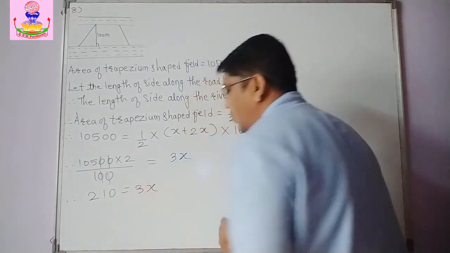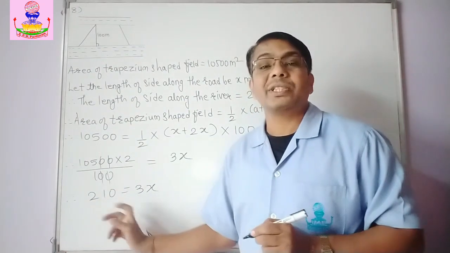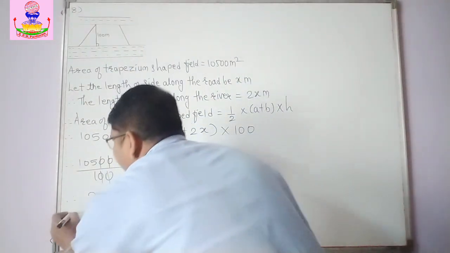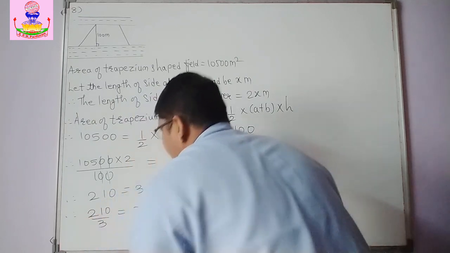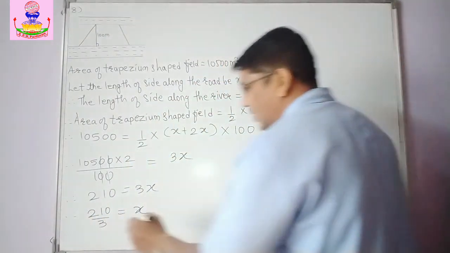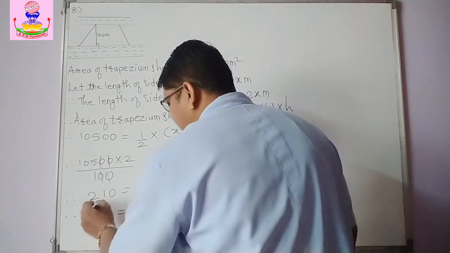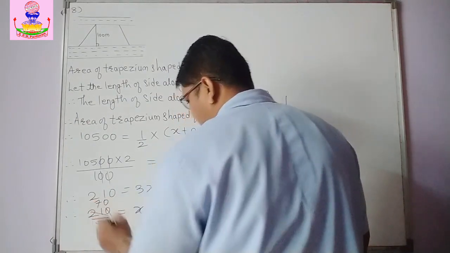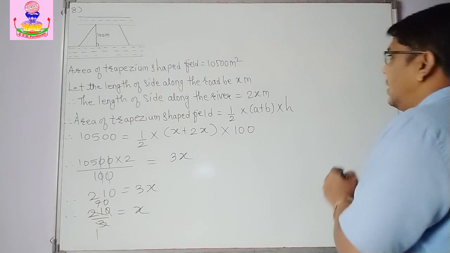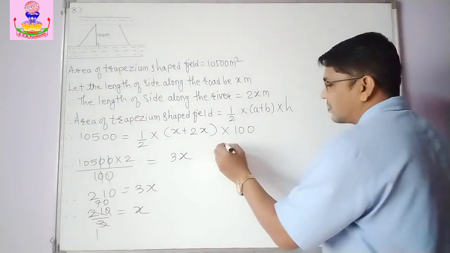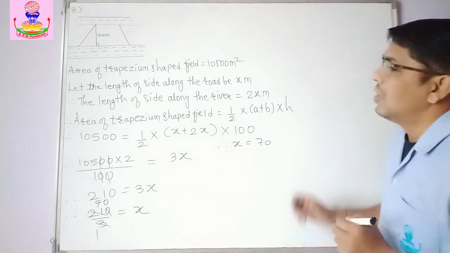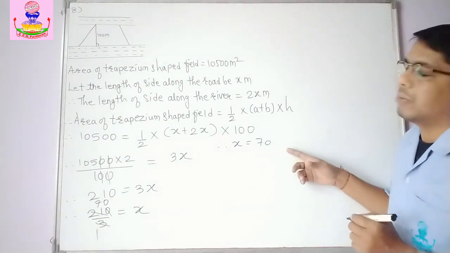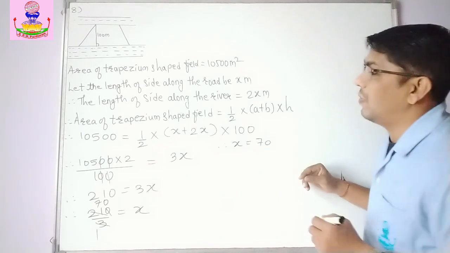That is equal to 3x. I want to find the value of x. So divide both sides by, yes, obviously 3. So 210 upon 3 is equal to x. Okay. So 3 1s are 3, 3 7s are 21, 3 zeros are 0. So x is equal to 70. So the length of the side along the road is 70 meters.